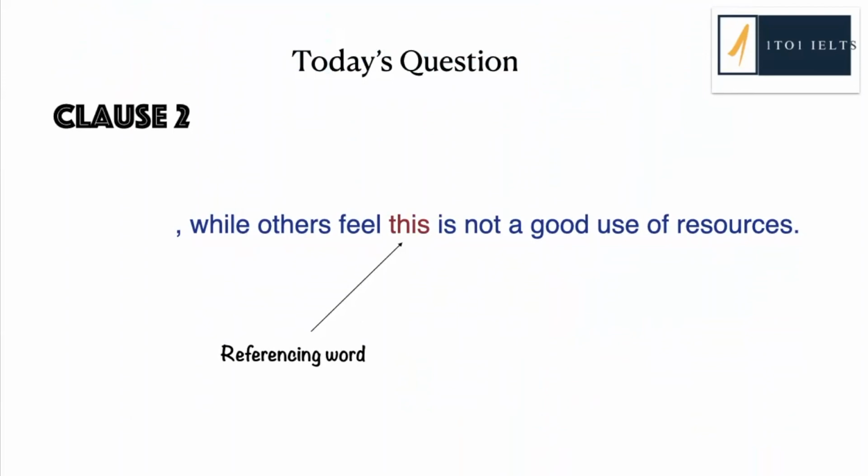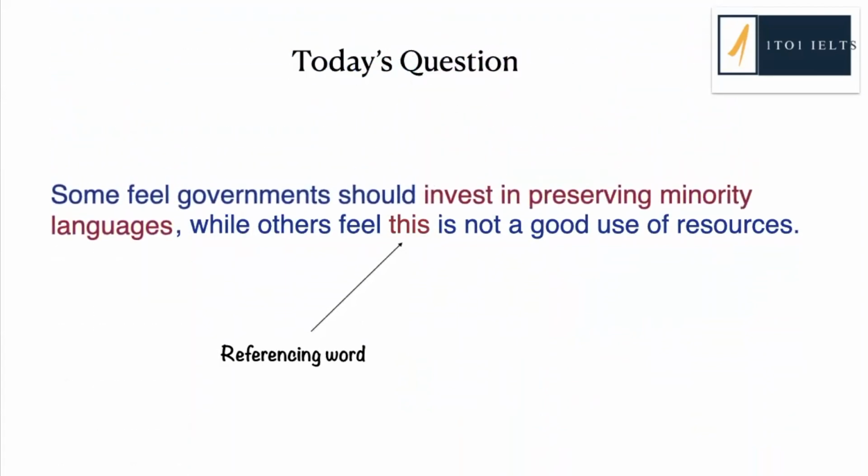And this referencing word is referring to invest in preserving minority languages, that section in the previous sentence. So we can see that we have two clauses. Both of these clauses are expressing different views, and there is a referencing word in the second clause.